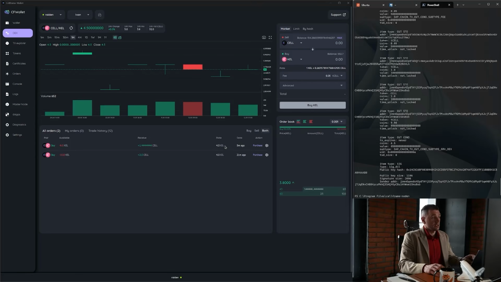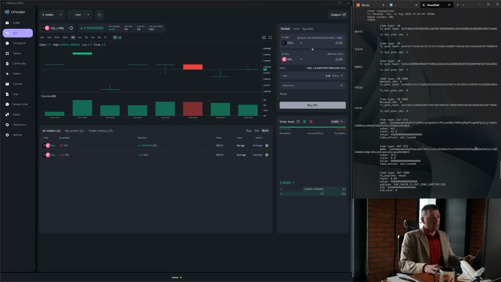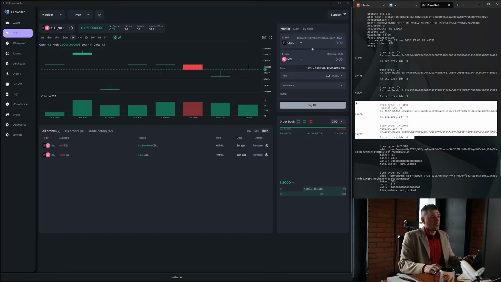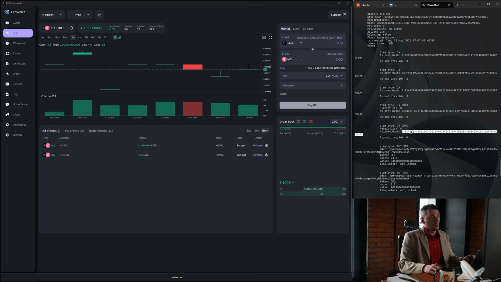So the matching engine selected the best bids with the higher rate, and here we can see which orders were closed and used as inputs, the hashes.